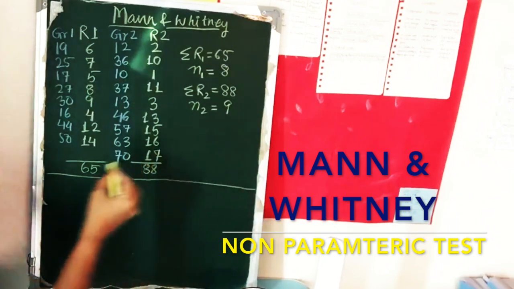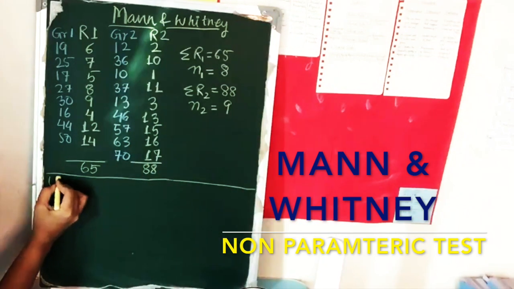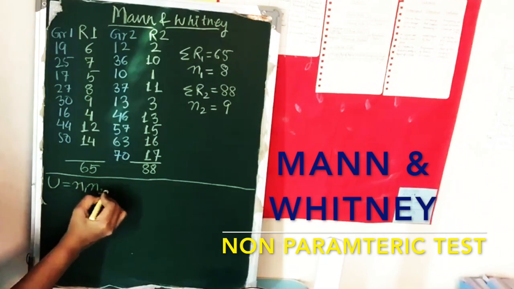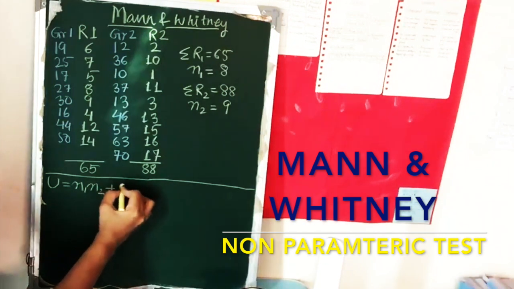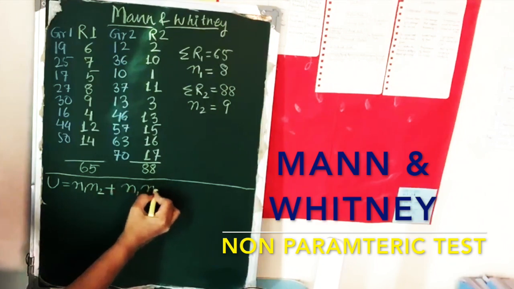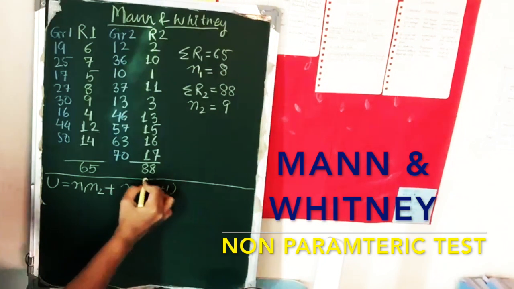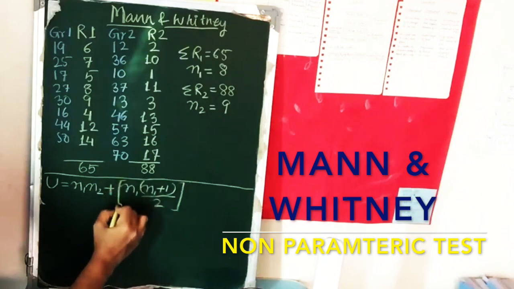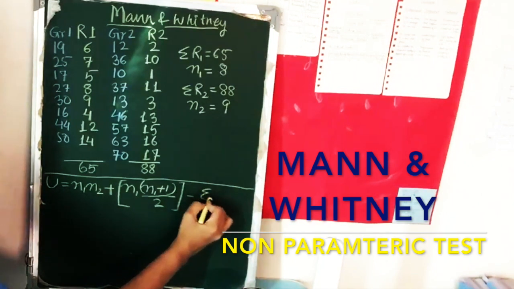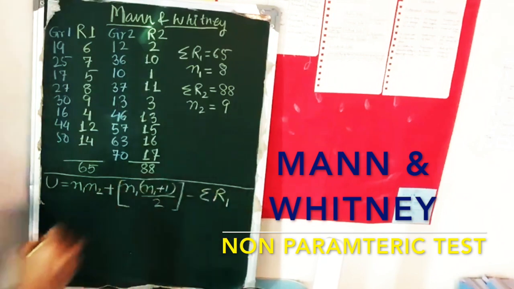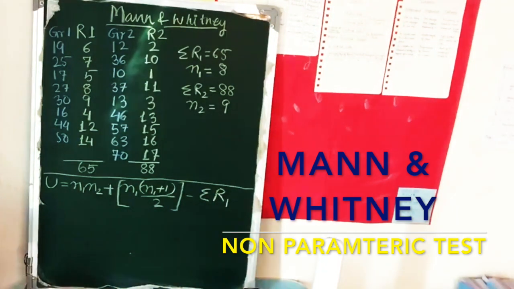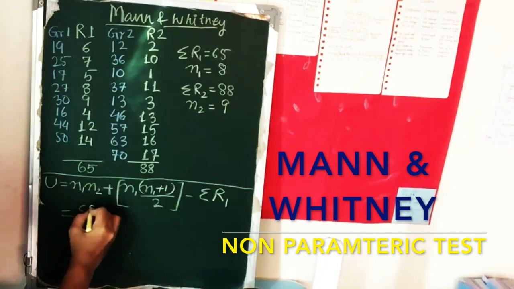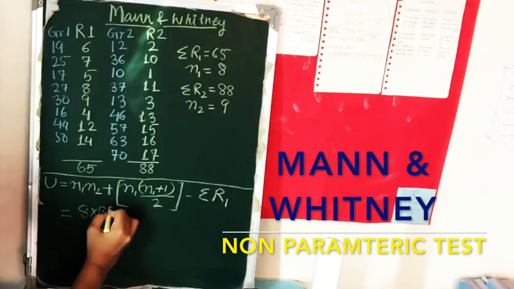Now I'll quickly explain how to calculate the Mann and Whitney method. So we will look for the lower U number. So if I calculate U, the formula will be n1 n2 plus n1 multiplied by n1 plus 1 divided by 2, and we'll subtract the sum of ranking 1 from this total.